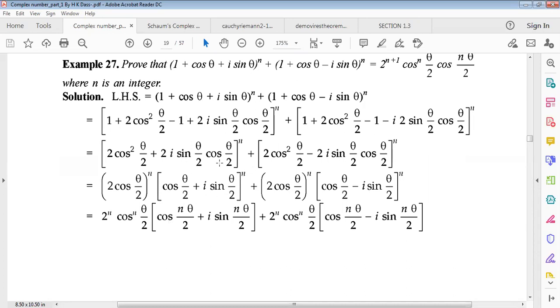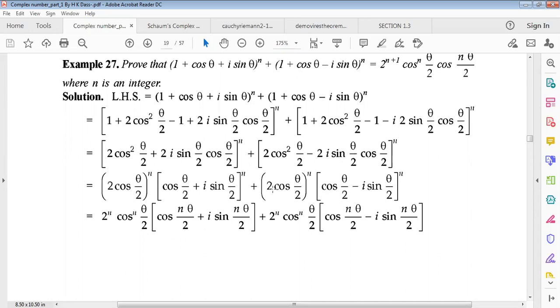By de Moivre's theorem, the power is multiplied with the angle, so cos n theta by 2 plus i sin n theta by 2.